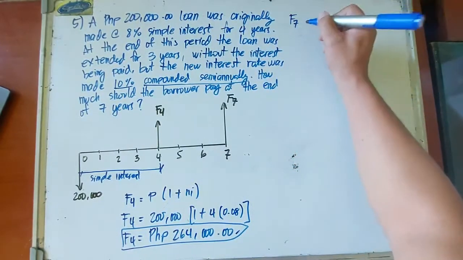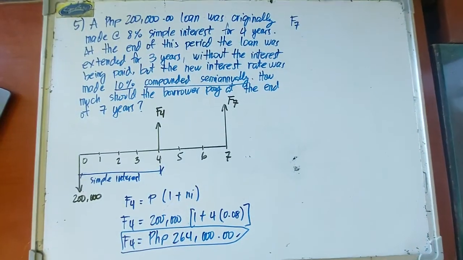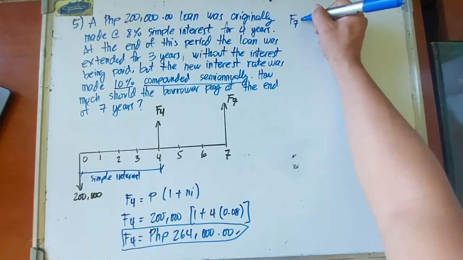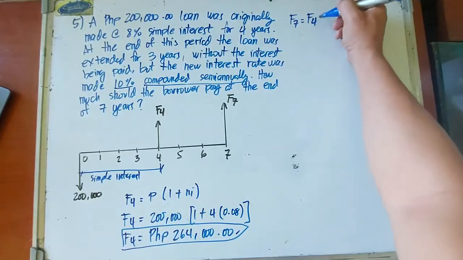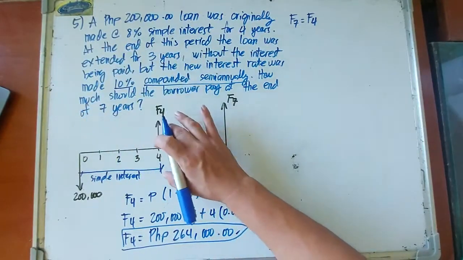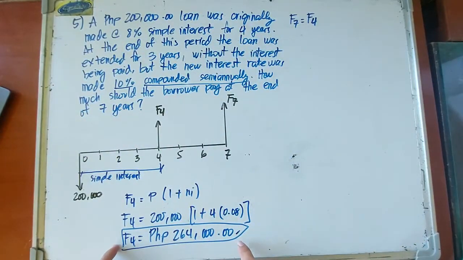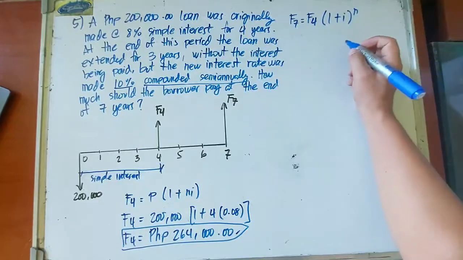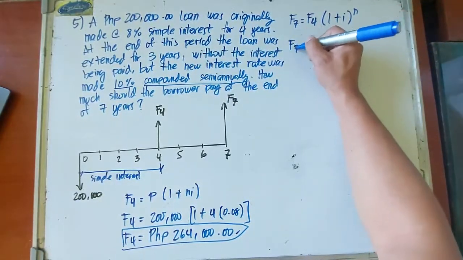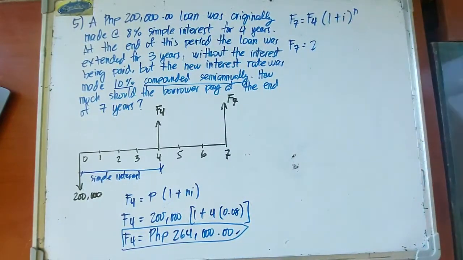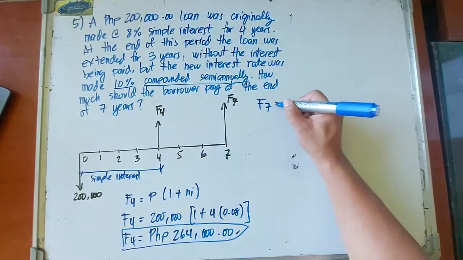So F sub 7, the amount after 7 years, is equal to F sub 4 times 1 plus I raised to N, which is 264,000 times 1 plus I raised to N.